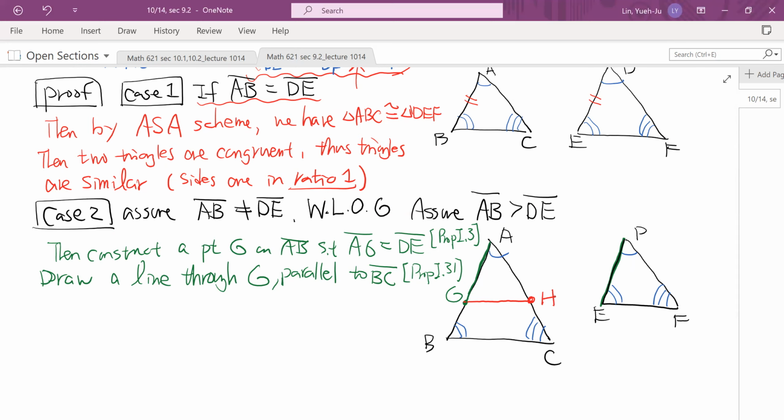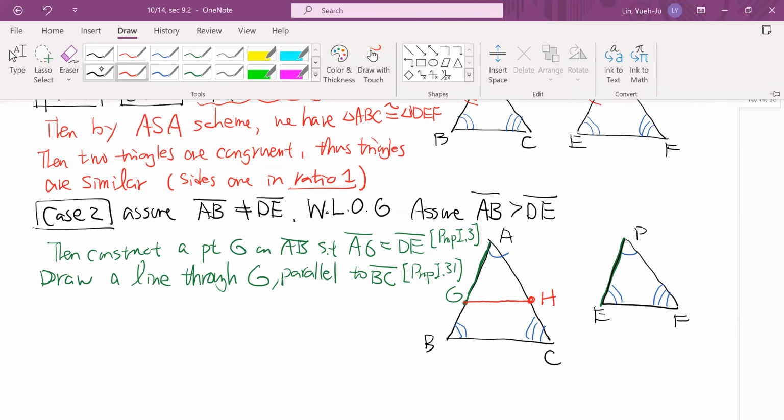Pasch theorem tells you if you have a line passing through a triangle like this, and this line already intersects AB at this point G, then it has to pass through either AC or BC. But it cannot pass through BC because we want this line to be parallel to BC, right? So that means it has to pass through AC. So this is essentially by Pasch theorem.